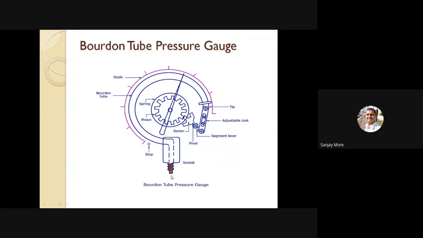Here pressure will be transferred, air will go into the tube, the adjustable link moves slightly, and this movement drives the spur gear, and the spur gear moves the pointer.